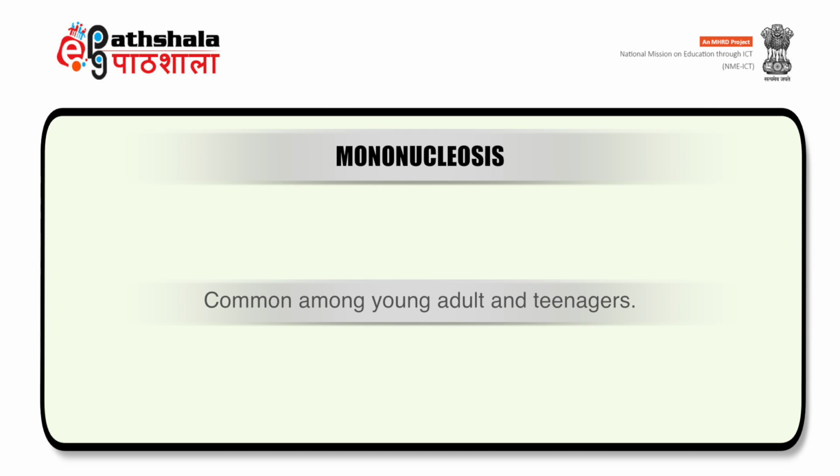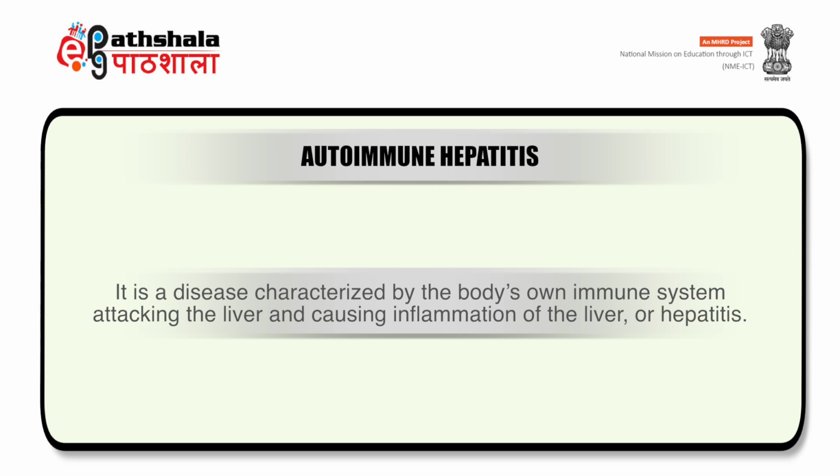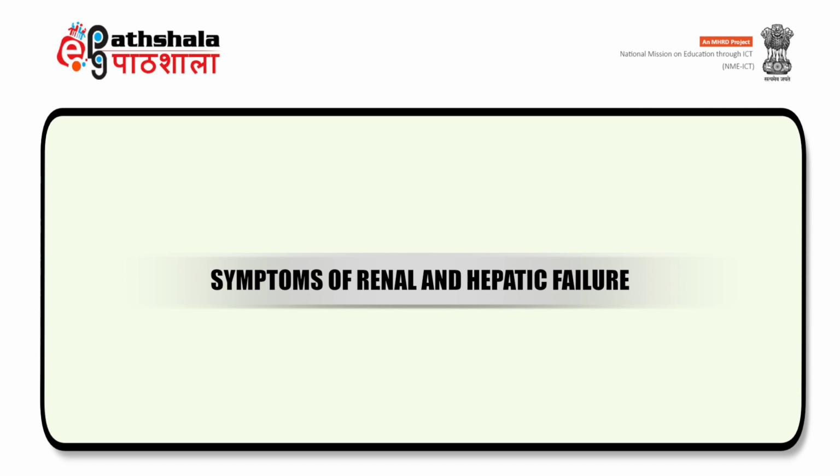The disease is most common among teenagers and young adults. The last factor was autoimmune hepatitis. Autoimmune hepatitis is a disease characterized by the body's own immune system attacking the liver and causing inflammation of the liver, or hepatitis. Next are the symptoms of renal and hepatic failure.